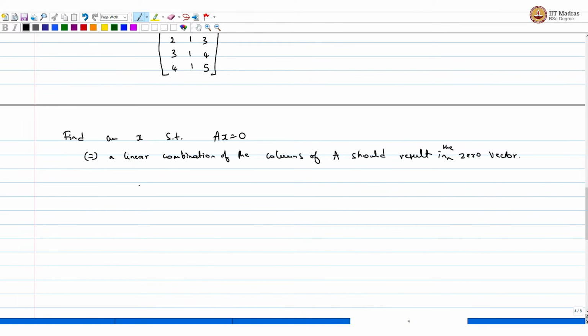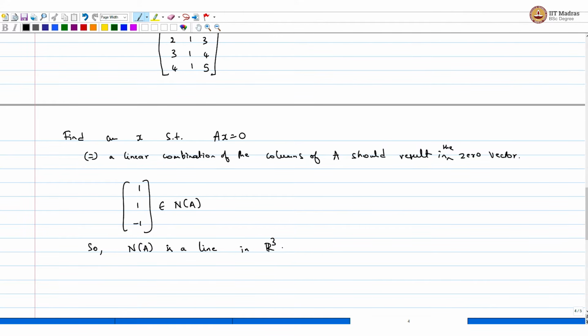So (1, 1, -1) belongs to the null space of A. Got it? And so you have to understand the dimensionality here. The null space of A is a line in R3.